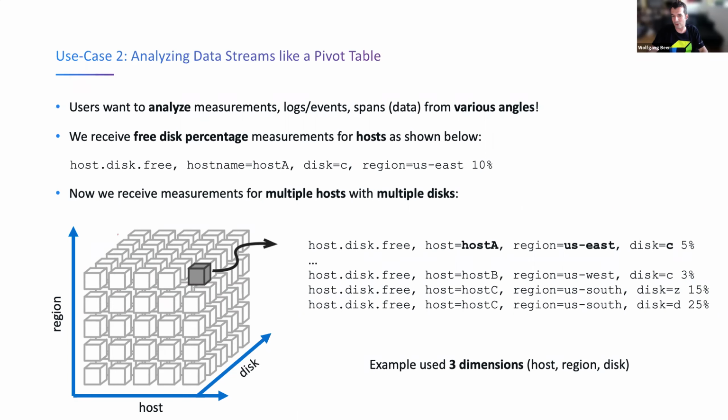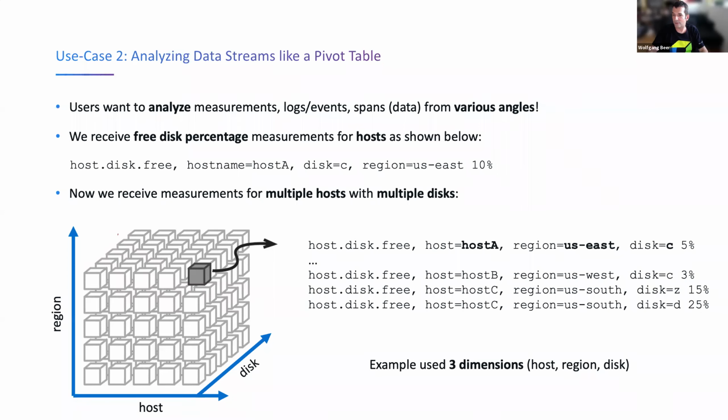I send along the host name, like host A, host B, host C. I also send along the region as a dimension, so US East, US West, US South, and the disk as disk C, disk Z, and disk D, with different measurements for each individual disk.